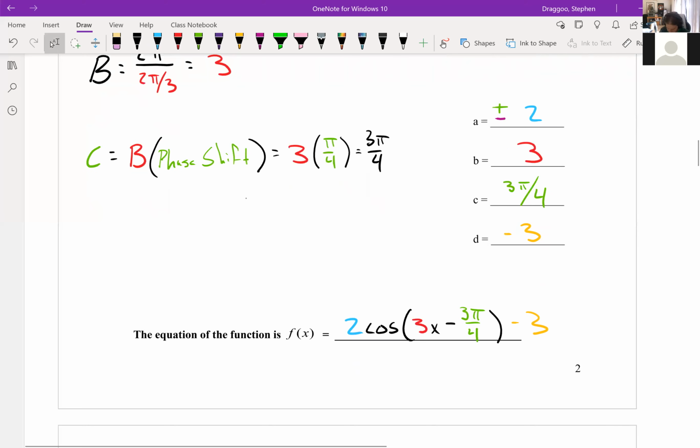And then as a bonus, just writing in an extra bit here, if we had chosen a negative phase shift value, so if we had started this thing at negative pi/12 instead of negative 3 pi/4, this thing could have been negative 2 cosine of 3x minus a negative pi/4 minus 3.